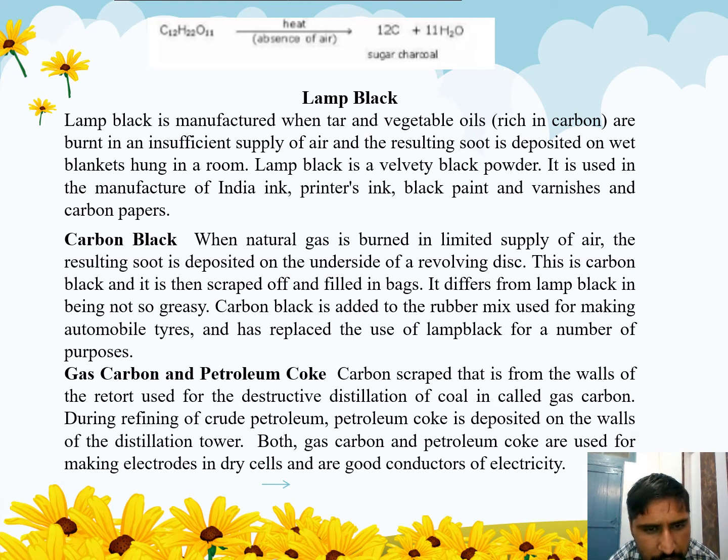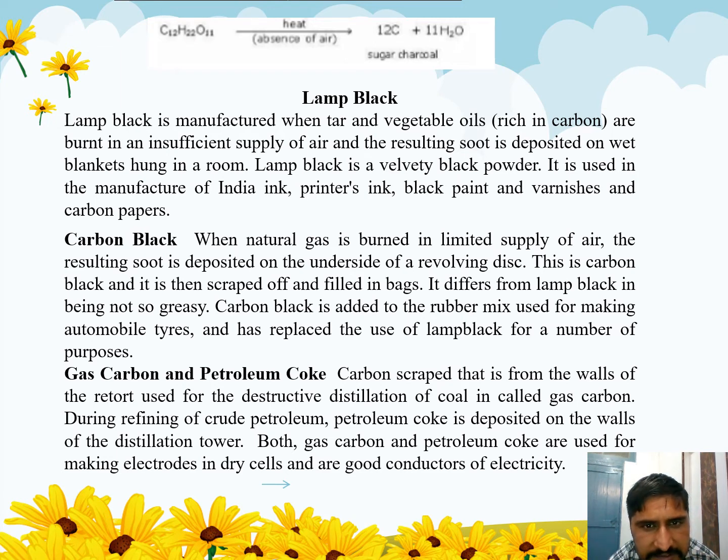Another one, carbon black. What is carbon black? When natural gas is burnt in a limited supply of air, the resulting soot is deposited on the underside of a revolving disk. This carbon is called carbon black, and it is scraped off and filled in bags. It differs from lamp black in not being so greasy.